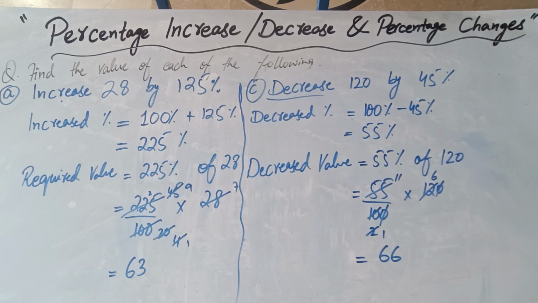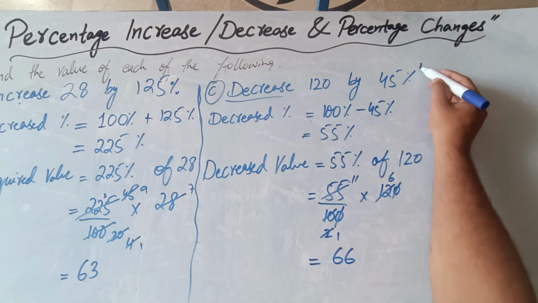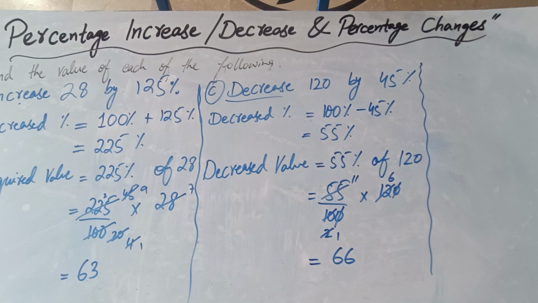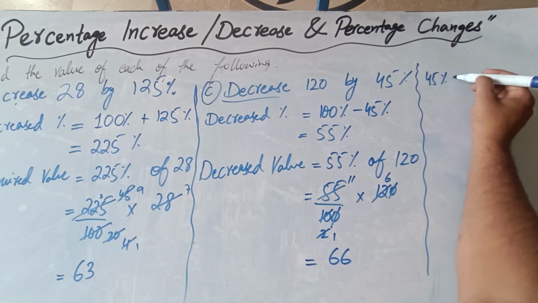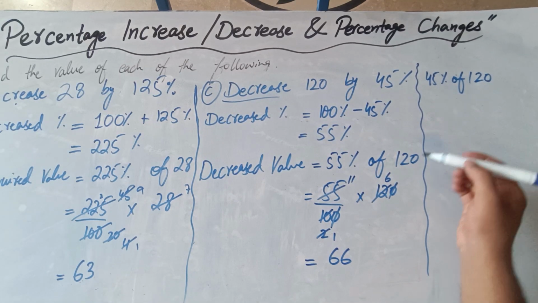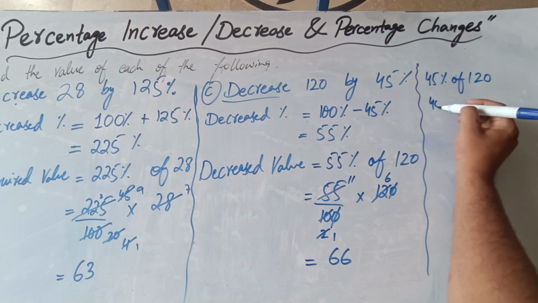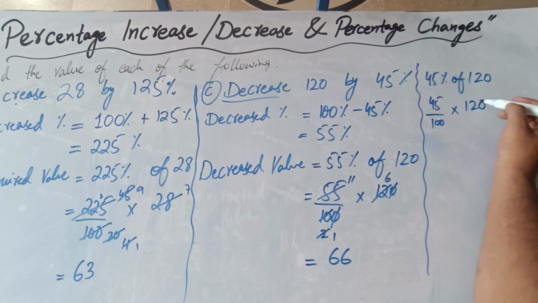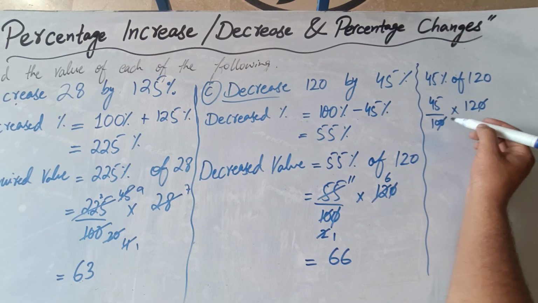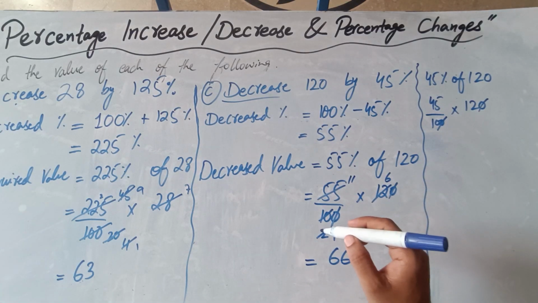You can check this one with method 2 as well. With method 2, we first find out 45% of 120. So 45 divided by 100 multiplied by 120. The 10 cancels out with 10.